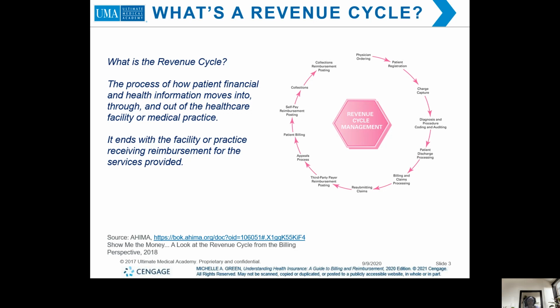And in the end, the facility or the practice receives reimbursement for the services that they gave to the patient. It includes the physician ordering tests. It includes the patient registration. It includes submitting claims. It includes appealing denials. It includes quite a few things.